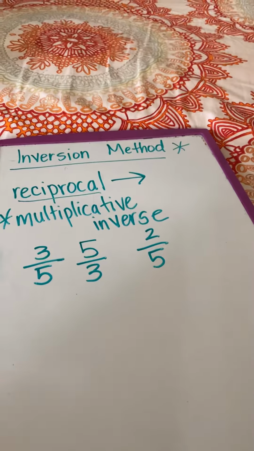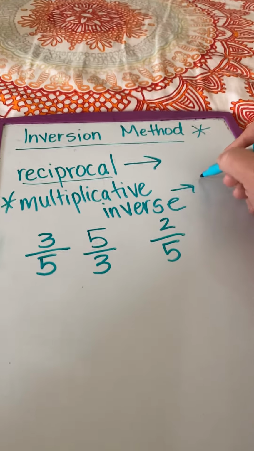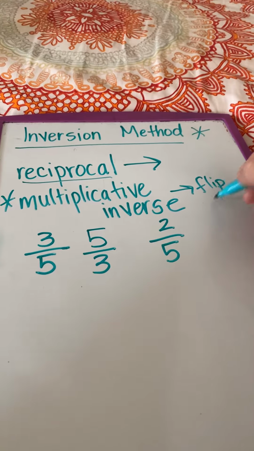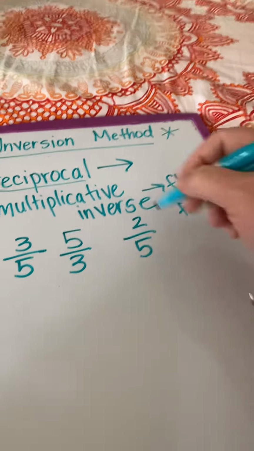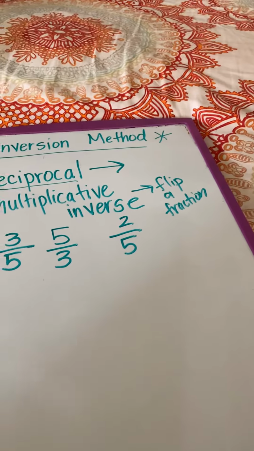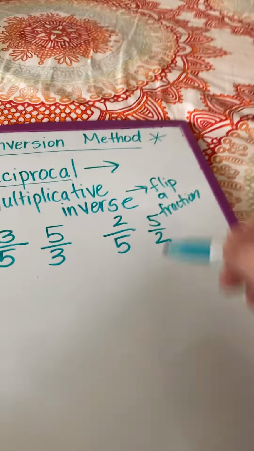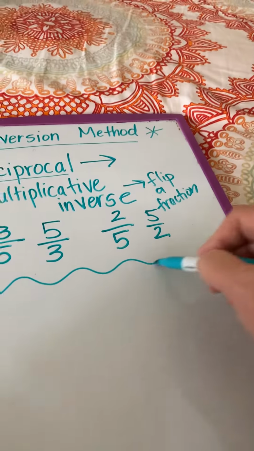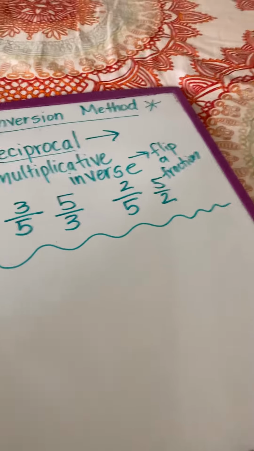Yes. Sometimes we talk about this meaning to flip a fraction. So if I did 2/5, what would the reciprocal of 2/5 be? It would be 5/2. You've got to remember this because you're going to be using it when you divide fractions this week.